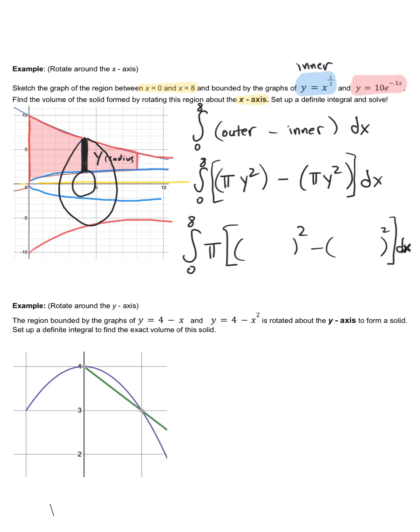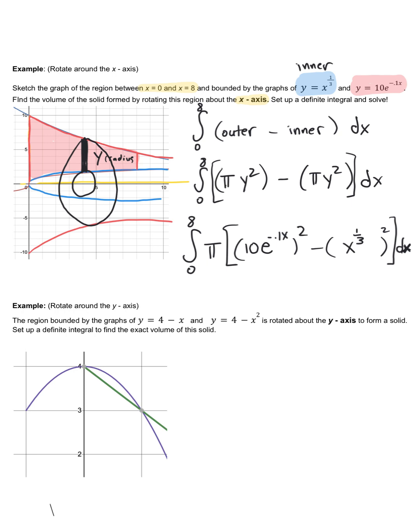So that is our 10e to the negative 0.1x. And again, don't forget to square that. Our inner function, closest to the axis of rotation, that is right here. That is our x to the 1/3. So there is our definite integral.